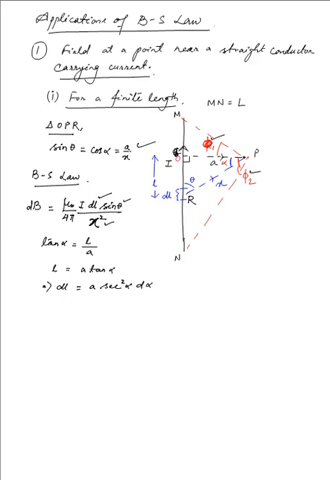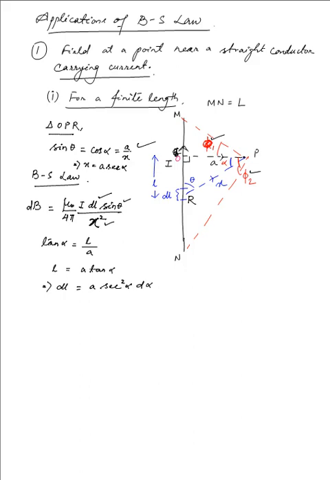Since sine theta is equal to cos alpha is equal to a by x, what we get over here is that x is equal to a times sec alpha.